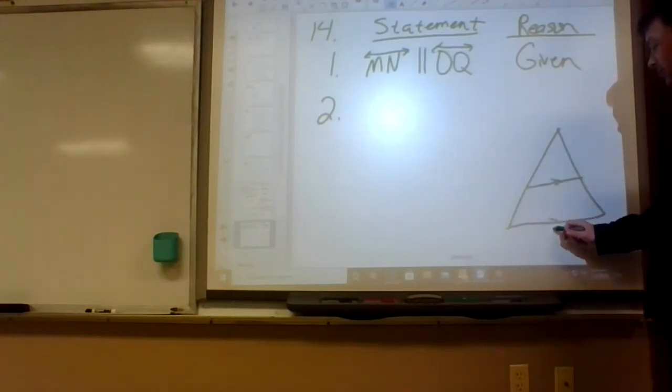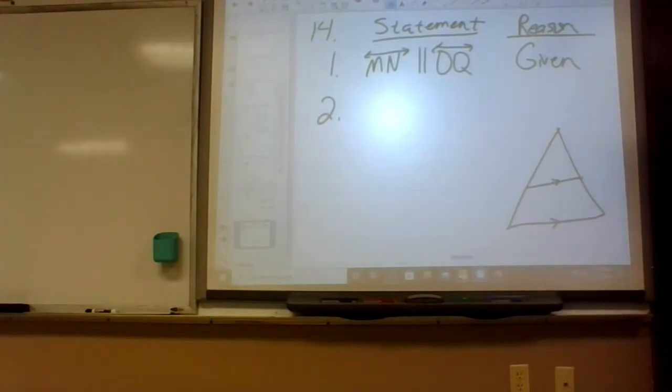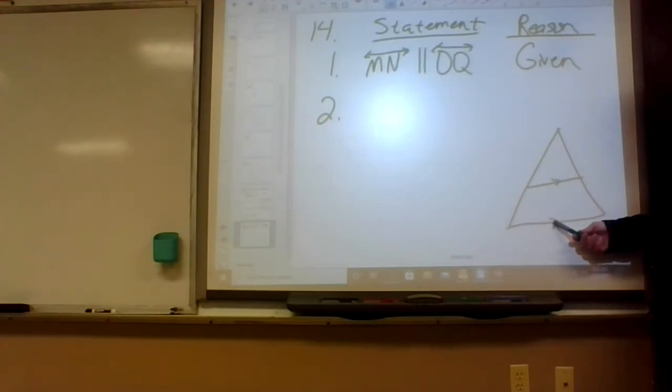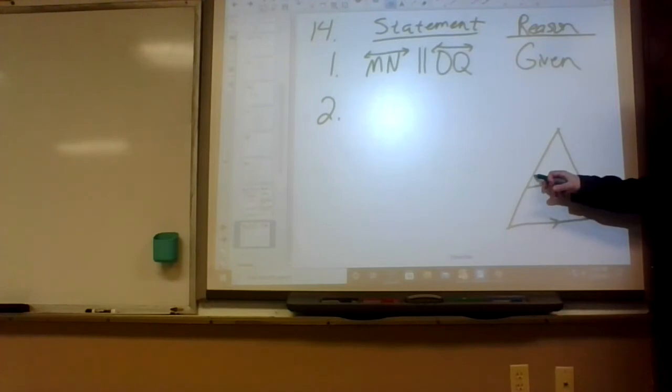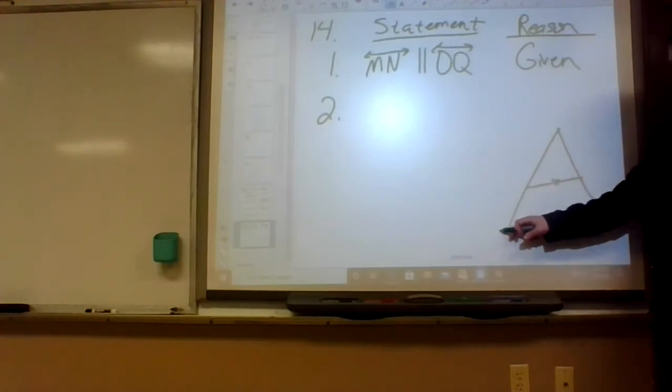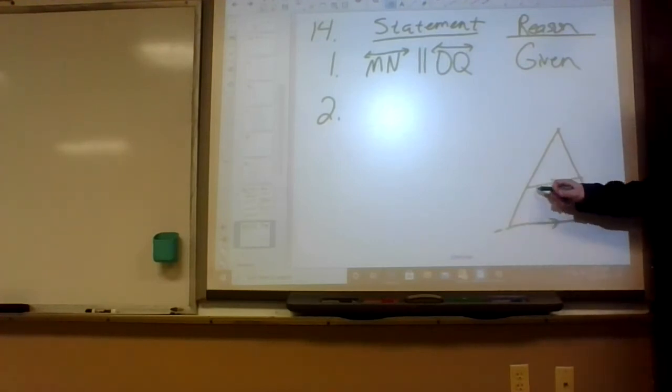This one's kind of short. Alright, it's very similar to the last problem. If these two lines are parallel, then what? Not alternate interior. Alternate interior is when there's a line here and out here. These are corresponding.